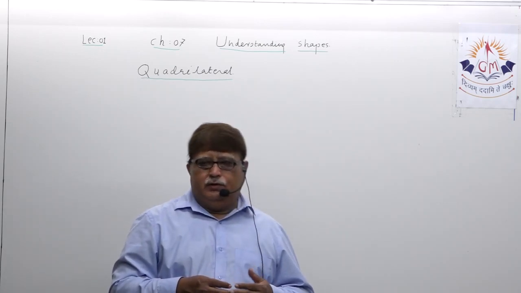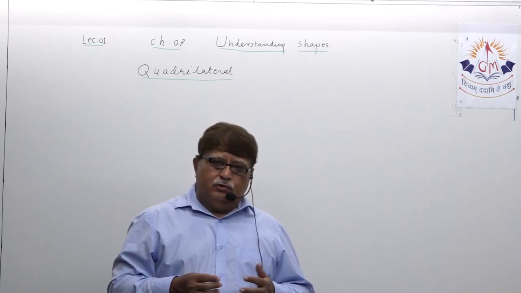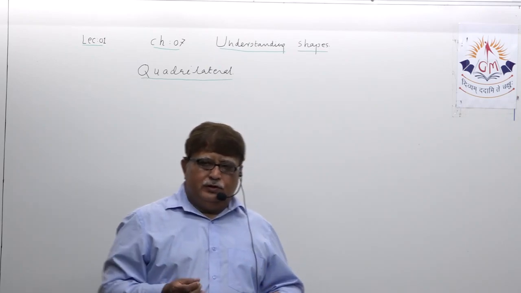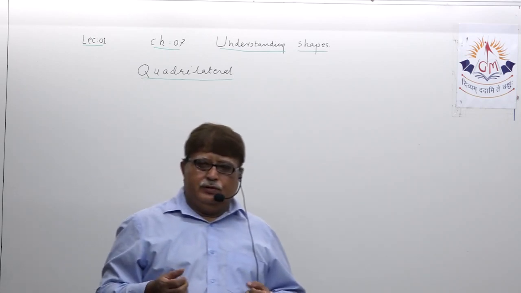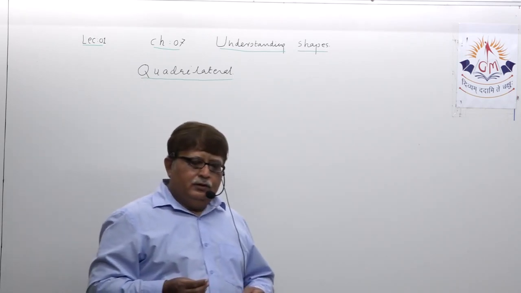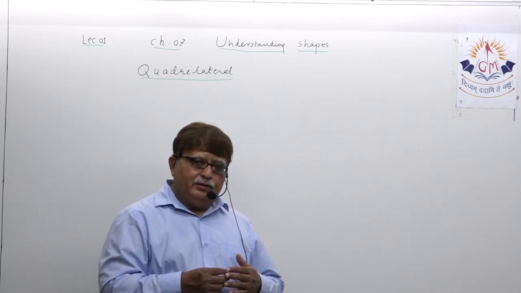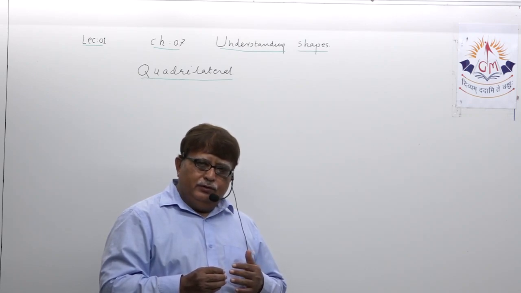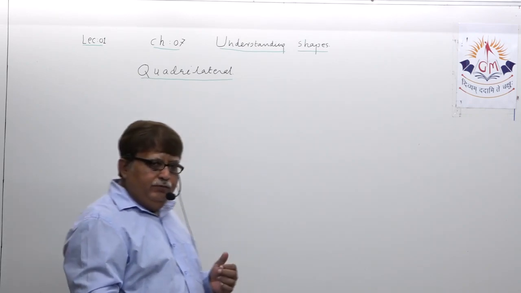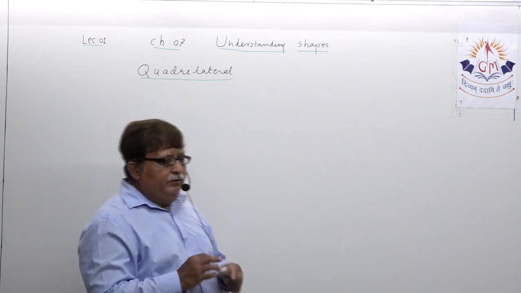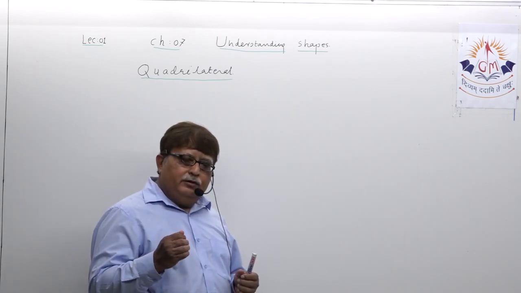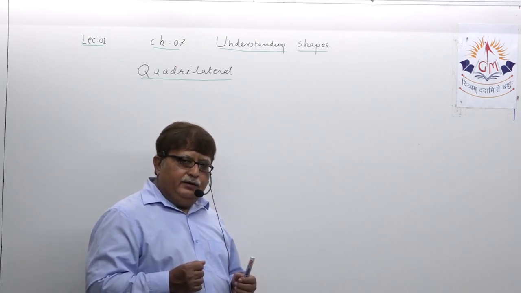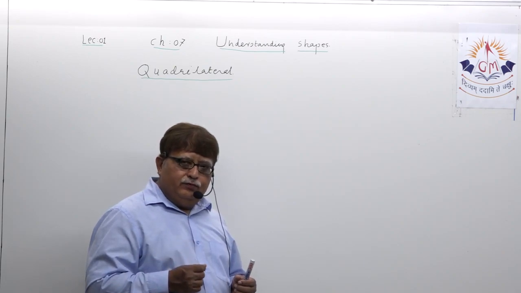Suppose in the textbook they have directly given the definition, but we will not directly understand the definition. We will go into detail on each and every word. Let us try to understand the meaning of quadrilateral, or how a quadrilateral is formed.